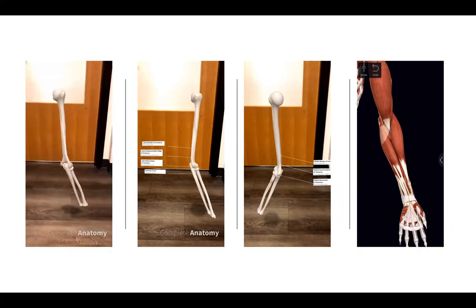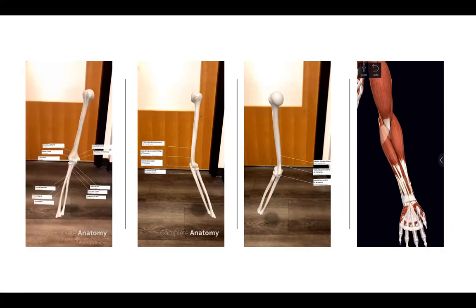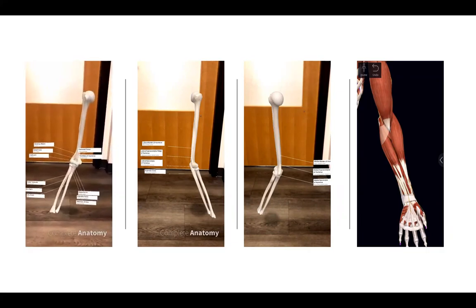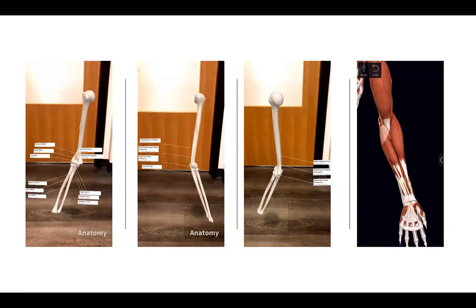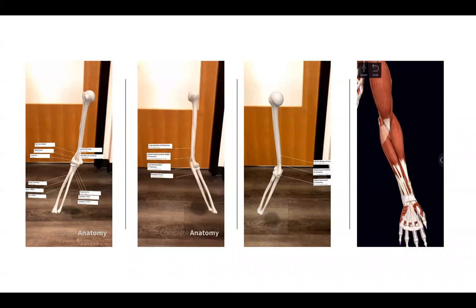This is displaying the anatomy and landmarks of the humerus, radius, and ulna, comprising the elbow joint. Just highlighting the lateral portions. So we have the lateral condyle being highlighted here.